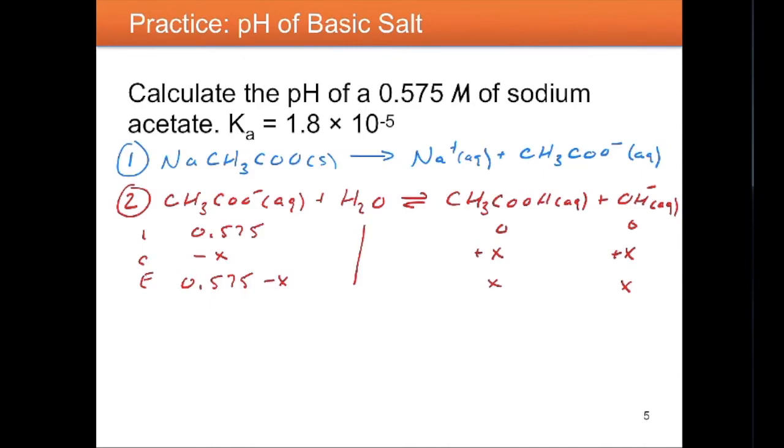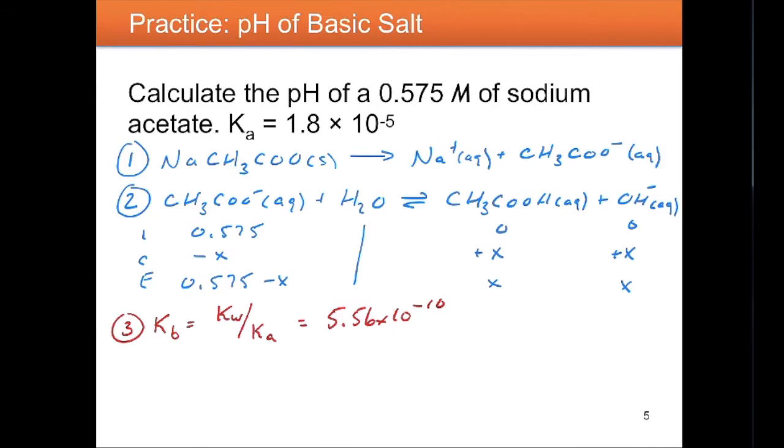Now we know that the concentration of CH3COO-, the acetate ion, is 0.575 molar, because when the salt breaks up in step 1, we know the concentration of that salt, but since the ionization is complete, meaning that all the sodium acetate reacts to produce sodium plus and acetate ion, we know that the concentration of the sodium acetate also has to equal the concentration of the acetate ion. So we know the concentration of the acetate anion, and we can fill out the ICE table.